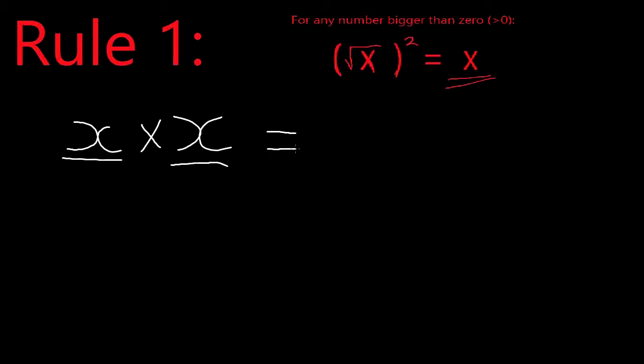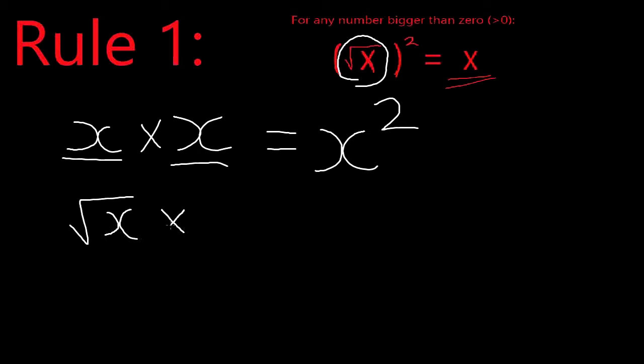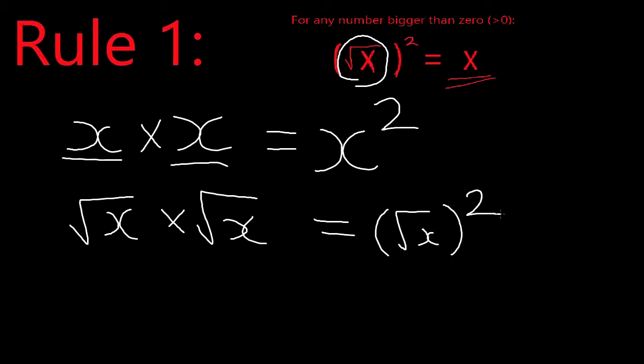So x times x is the same as x squared. That's what we've got to remember. And in this case our x is actually root x. So root x times root x is the same as root x squared, which, as we know over here, is x.